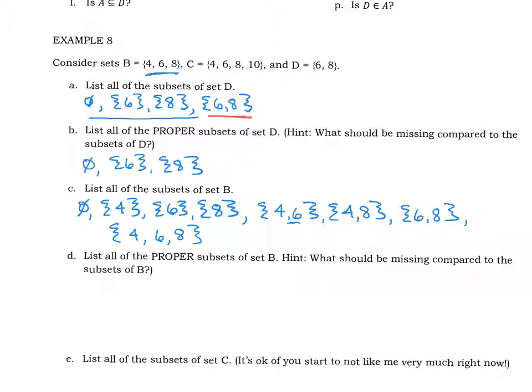Okay? So then D says list all the proper subsets of set B. Hint, what should be missing compared to the subsets of B. So hopefully you're saying, well, it can't be this set right here, which is the set itself, cannot be part of the proper subsets.